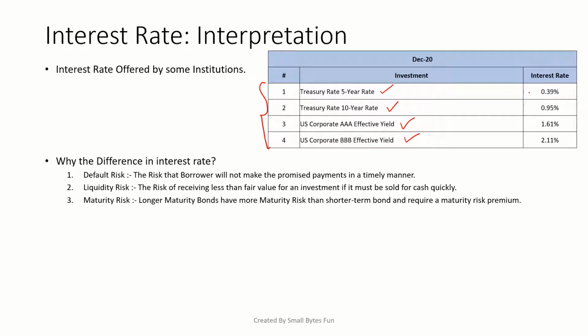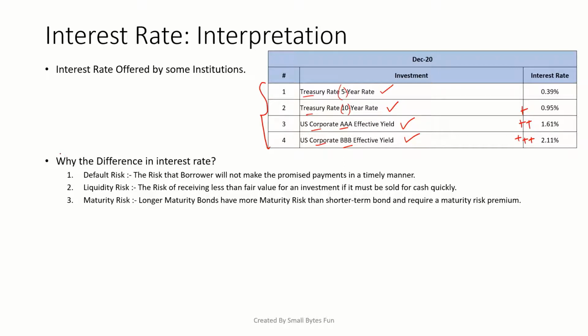The interest rates here are increasing. Each rate is increasing primarily because the first two are Treasury, the second is corporate, and also because of the maturity and the ratings that they have.